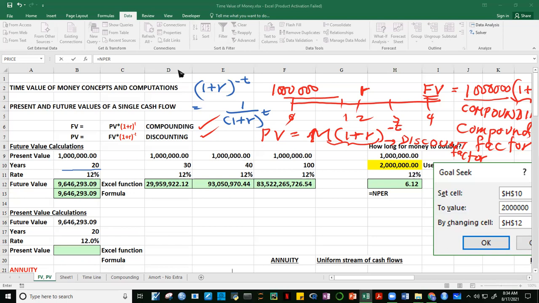Waiting for your feedback. If you use NPER, because we used FV earlier. Now, when what you are looking for is the number of years, the number of periods, you use the NPER function. So if you use the NPER function and follow the parameters being required, then you'll be able to get how many years.